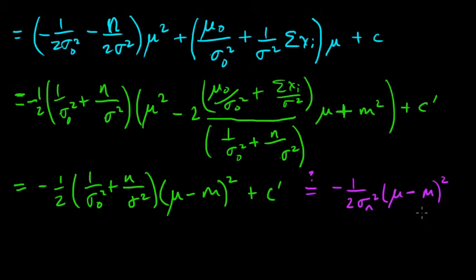So we've got m. Oh, and there's going to be a constant, right? That's fine. Keep that, c prime. So the only thing we need is to take sigma n squared to be 1 over this guy.